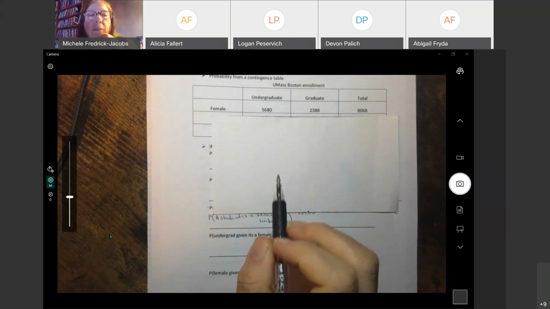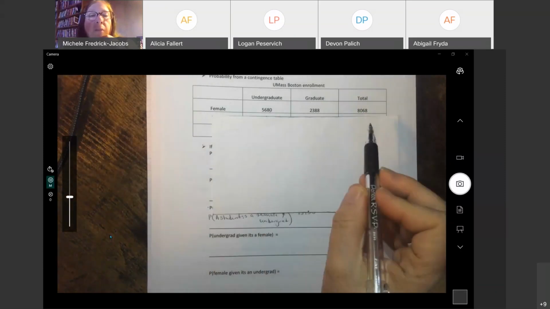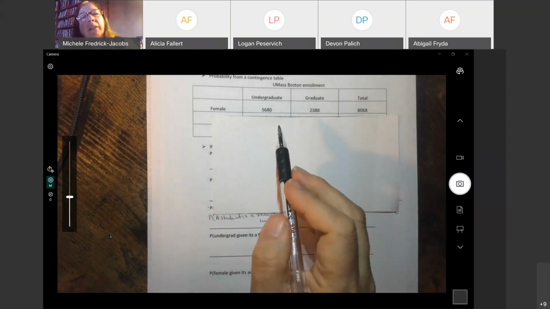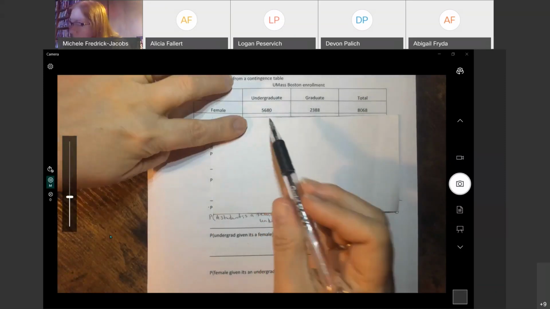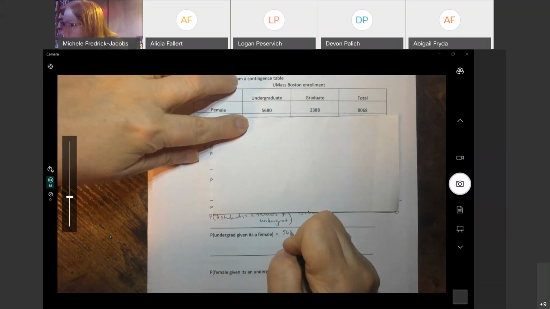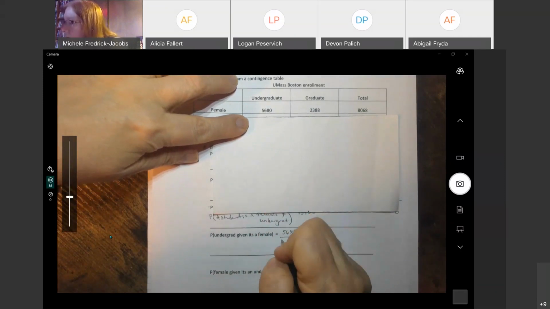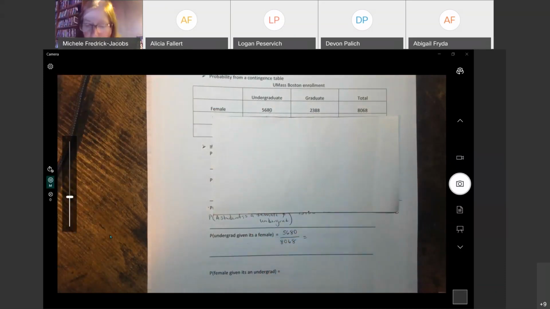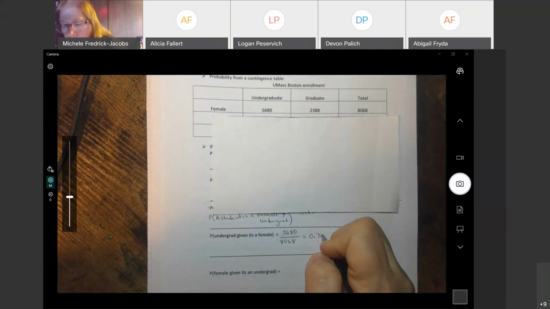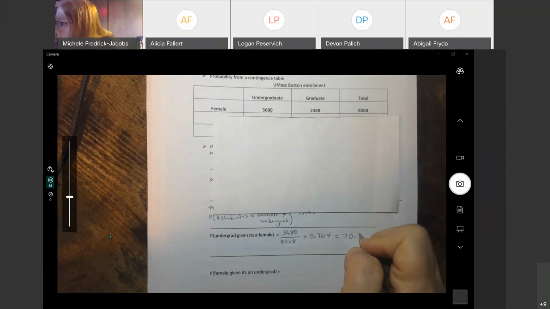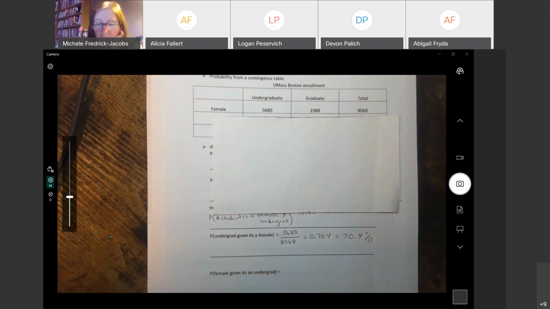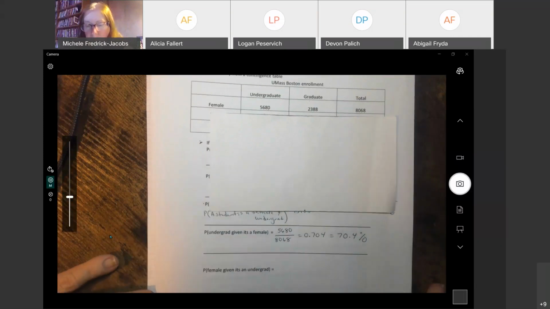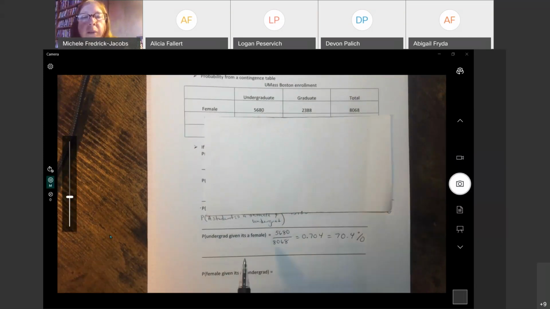So in this case, given a female, we just use this row. Probability it's an undergraduate then would be the 5,680 divided by 8,068. When we divide those, you get 70.4. So we only use the row for the females, since that's the part that's given.